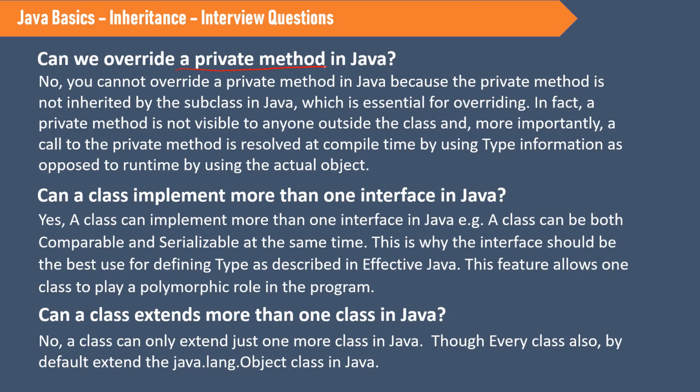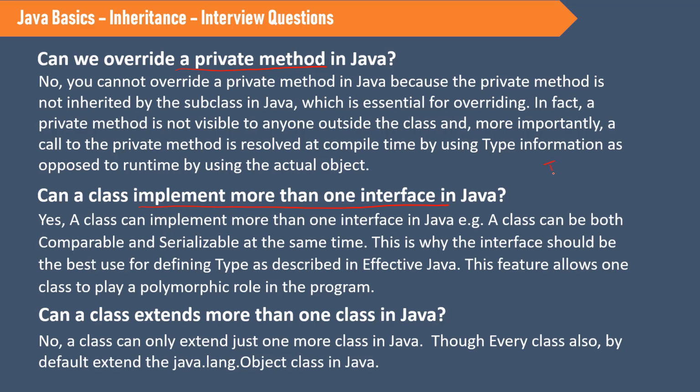Can a class implement more than one interface in Java? Implementing more than one interface in Java is possible because an interface is not like a class. But if we want to extend more than one class, it is not possible in Java because that comes under multiple inheritance, and multiple inheritance is not supported in Java. But you can implement more than one interface in Java.